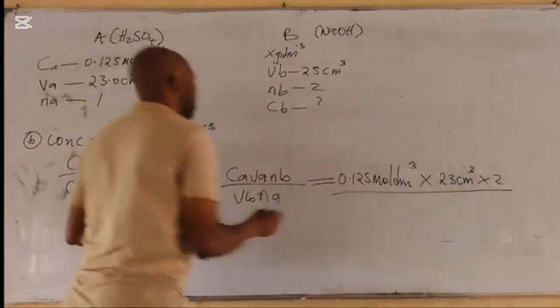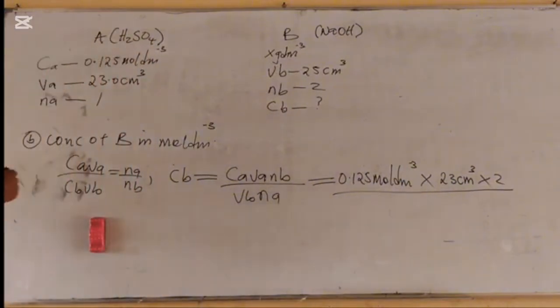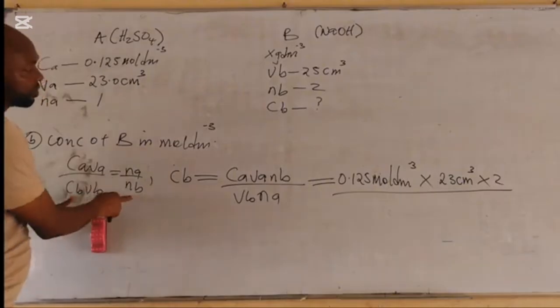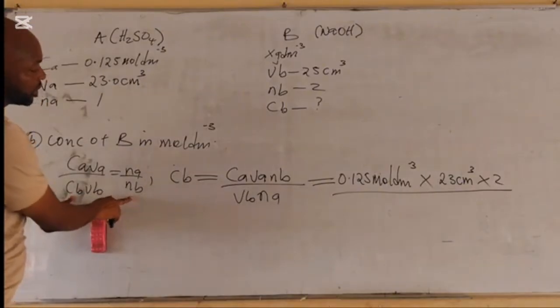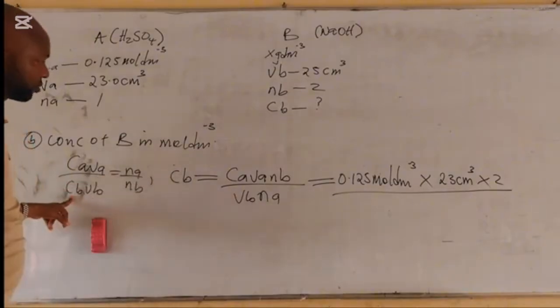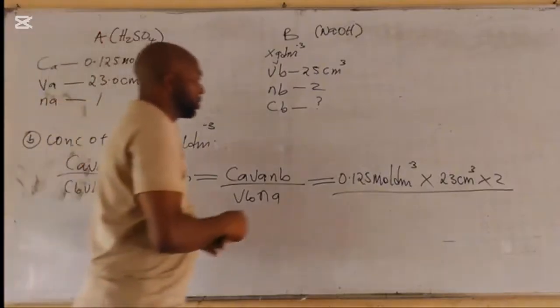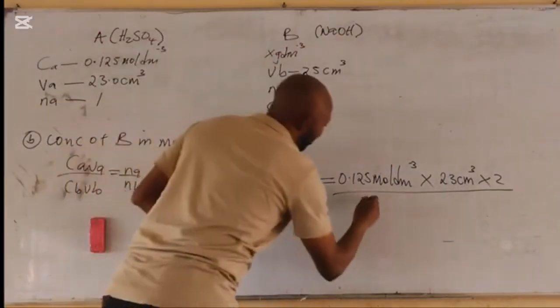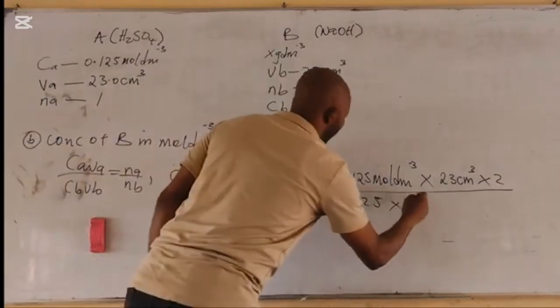Okay, let me be certain that we're doing the right thing here. Now CB is CAVANB over VBNA. Alright, we're good. Now, this is over VB, volume of the base is 25 times 1.